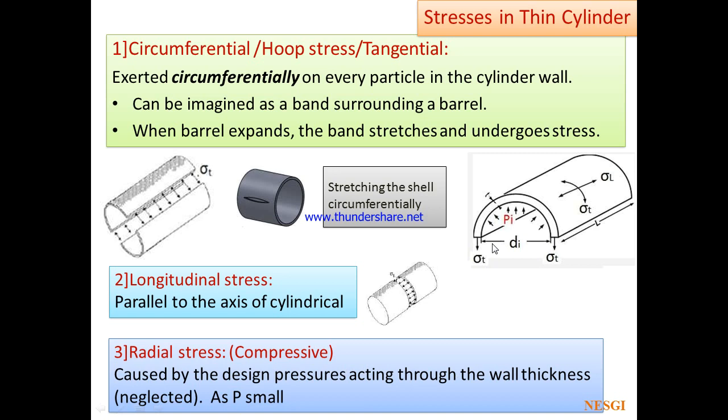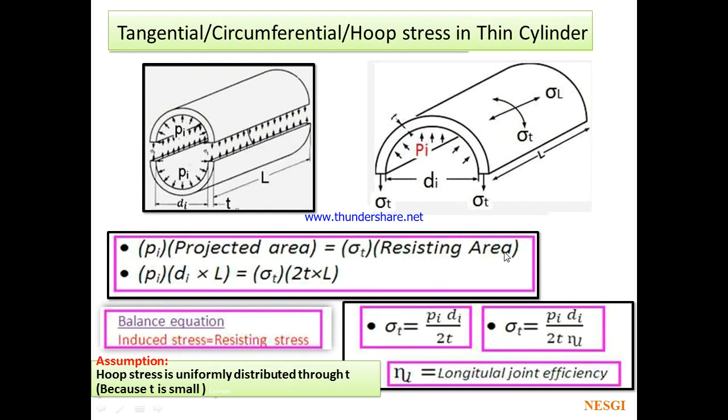So that's why radial stress is neglected in the analysis of thin cylinders. That means we are going to consider only circumferential and longitudinal stress in the case of thin cylinders.